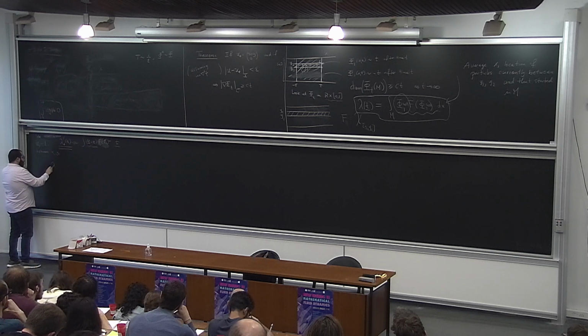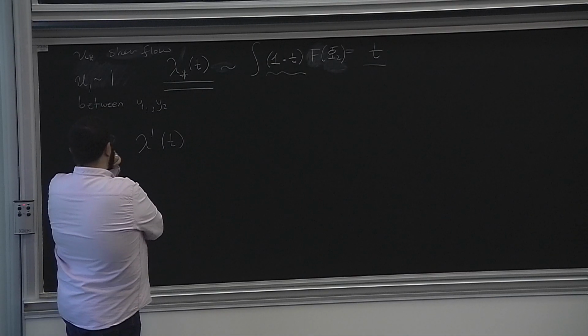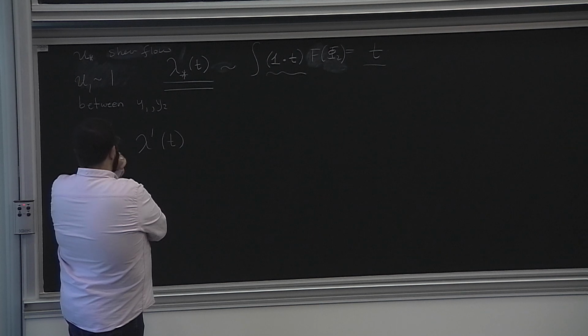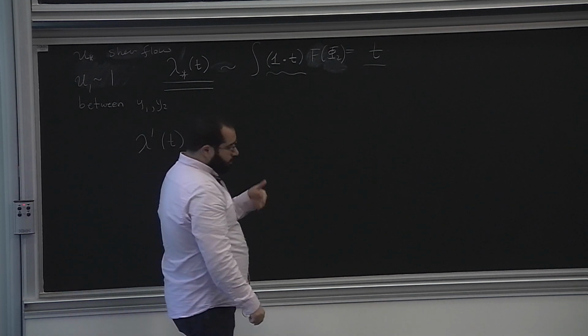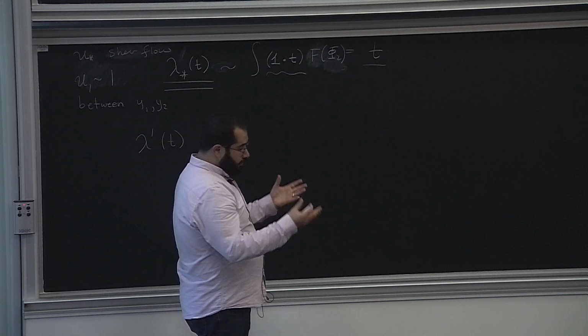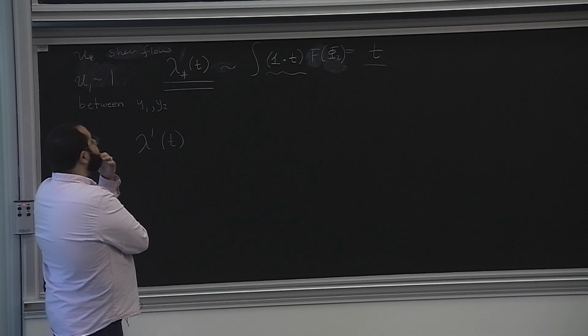Okay, so now let's try to compute it in the general case. The point is to write it as something that doesn't really depend on the flow, but only depends on the velocity, and then we'll be able to estimate it.